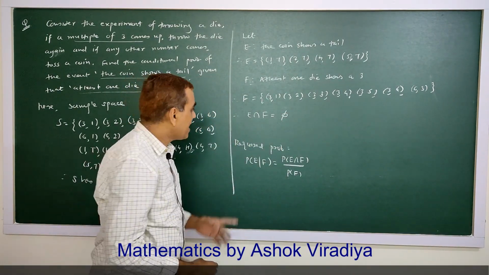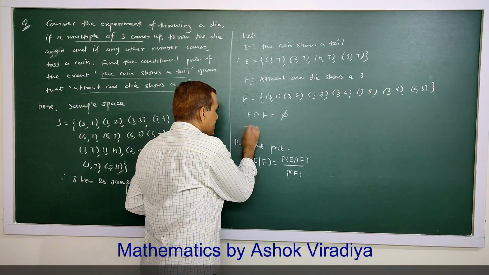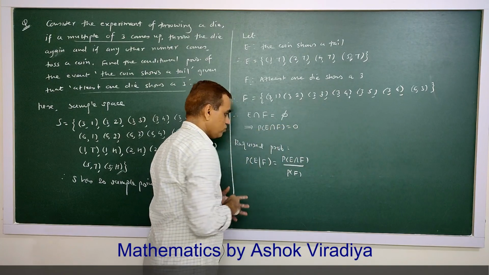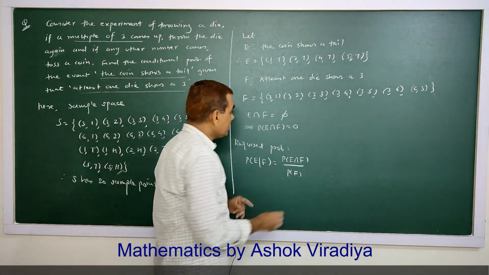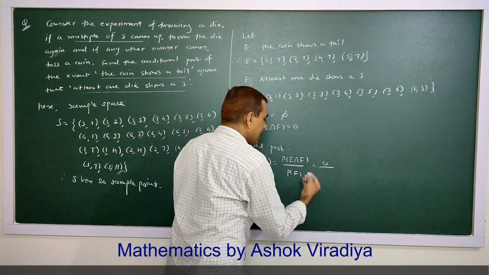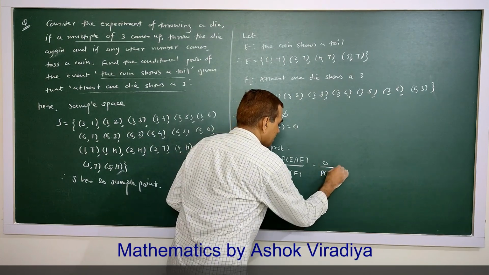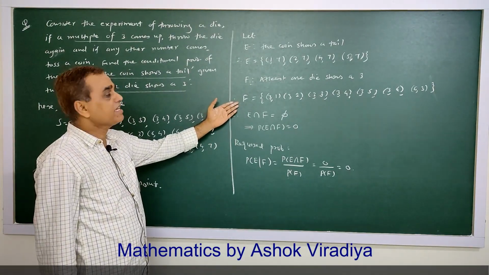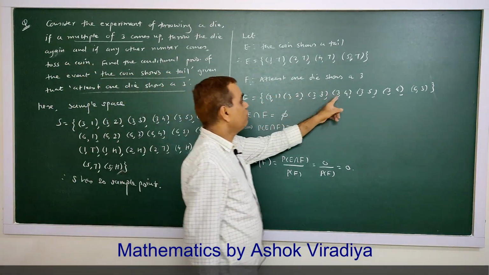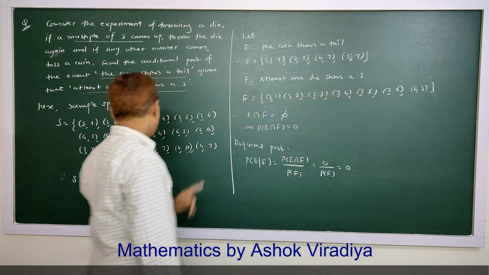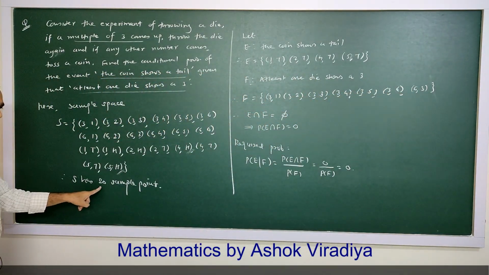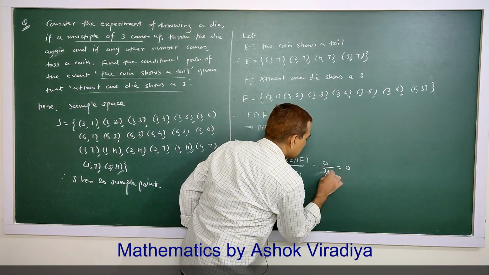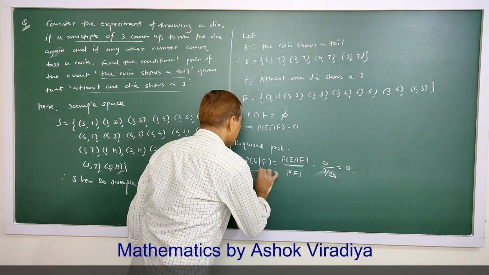And probability of null set, that is probability of this impossible event, is 0. So putting here 0 upon anything, this is 0. Probability of F can be counted, it can be calculated. It is 1 2 3 4 5 6 7. Probability of F is 7 upon 20. This value can be taken here, 7 upon 20, but final value is 0.